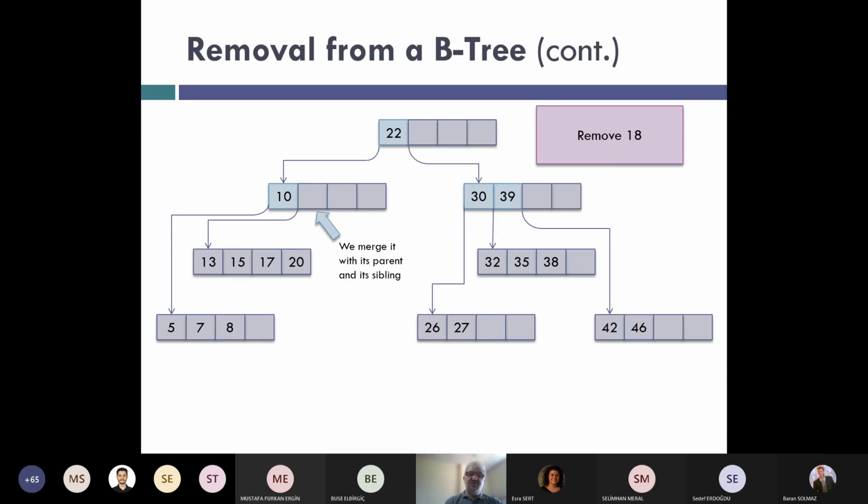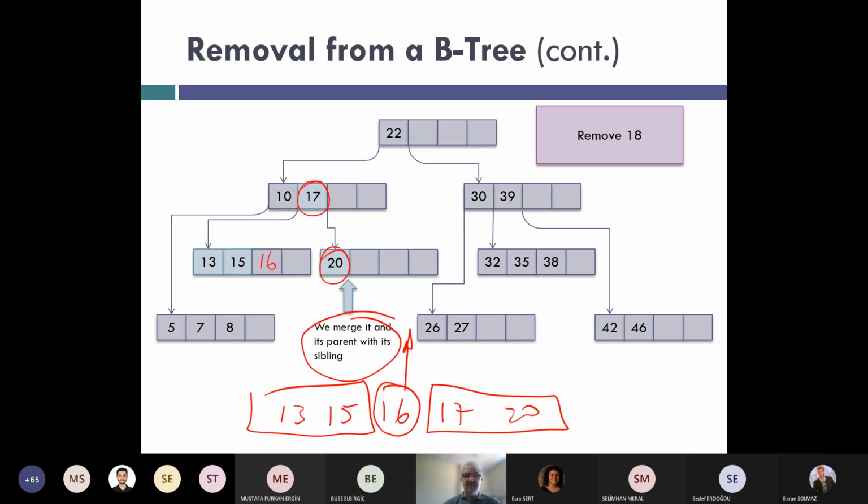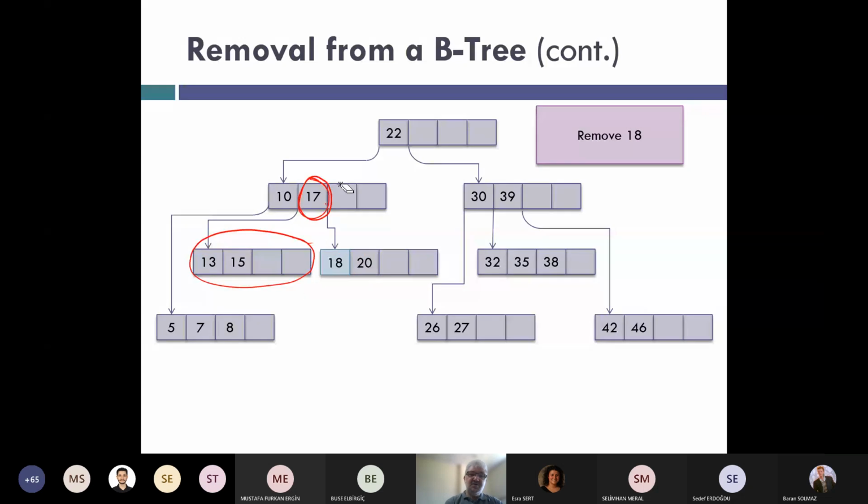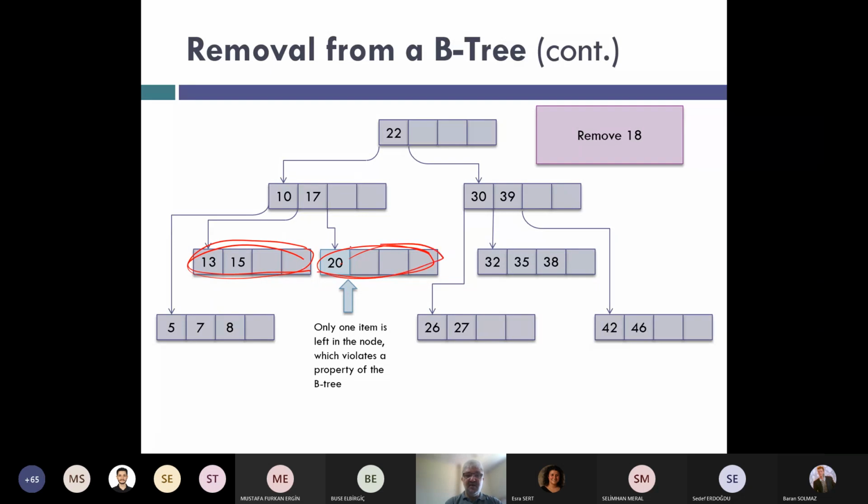Okay? So we have to merge this value. Remember, we have deleted 18 from here. So when we delete 18, 20 is just one value, which does not satisfy the properties of the B tree.